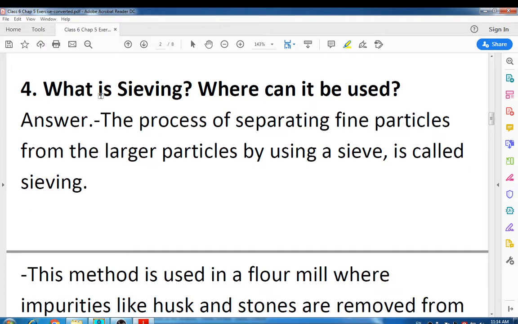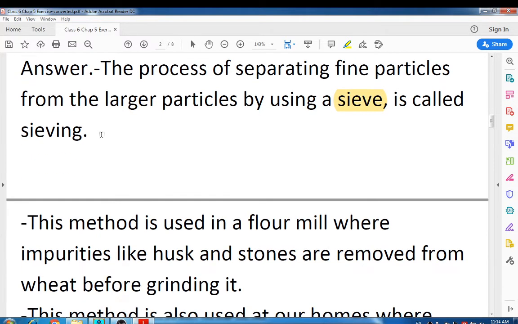What is sieving? Where can it be used? Here write the definition of sieving. So the process of separating fine particles from the larger particles by using a sieve. So this word is important while writing the definition of sieving. Understood?